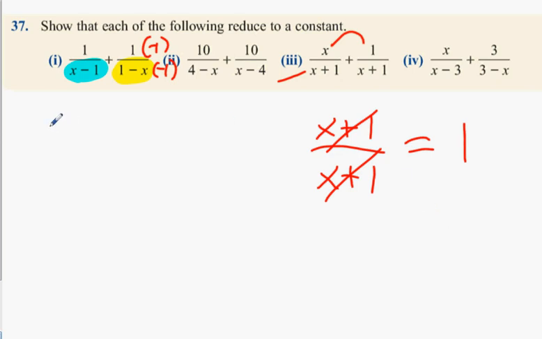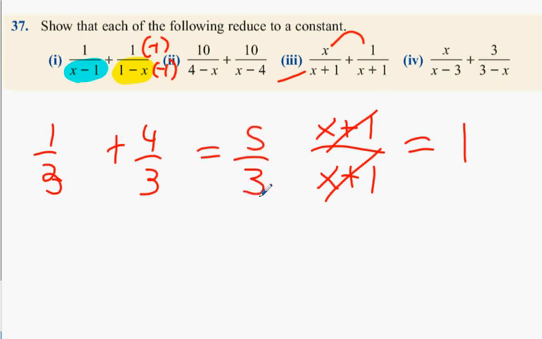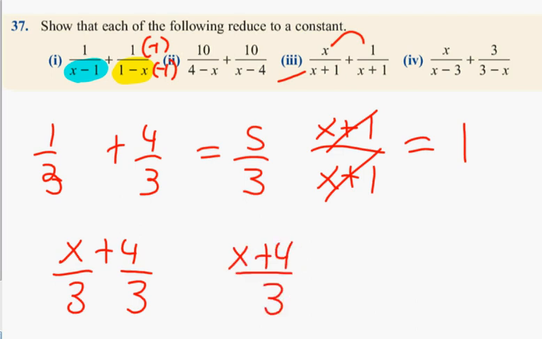In the same way you're allowed to add a third to 4 thirds. See the way the denominator is the same? Yeah. You just add the numerator to get 5 over 3. Okay? If I had x over 3 plus 4 over 3, the answer would be x plus 4 divided by 3.